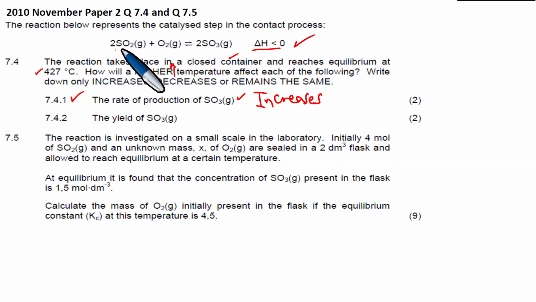But when these are built up, they form the product again, and the product breaks down into the reactants. As a consequence, the rate of the forward and reverse reactions will in turn increase.